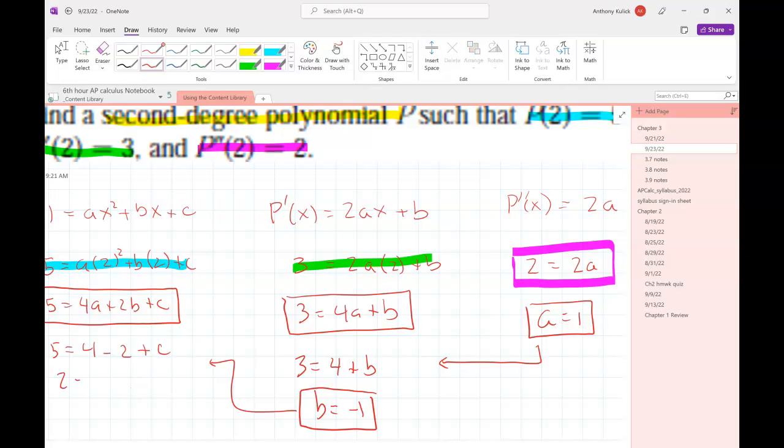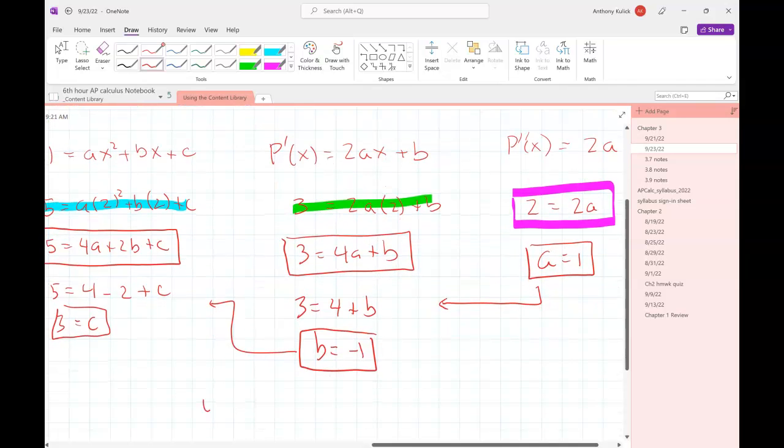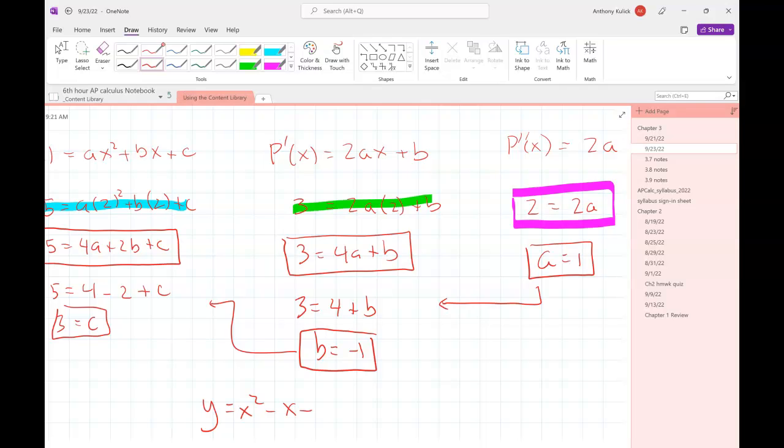So c is equal to 2. I'm sorry, 3. So my quadratic would be y equals x squared minus x plus 3. Everybody cool with that?